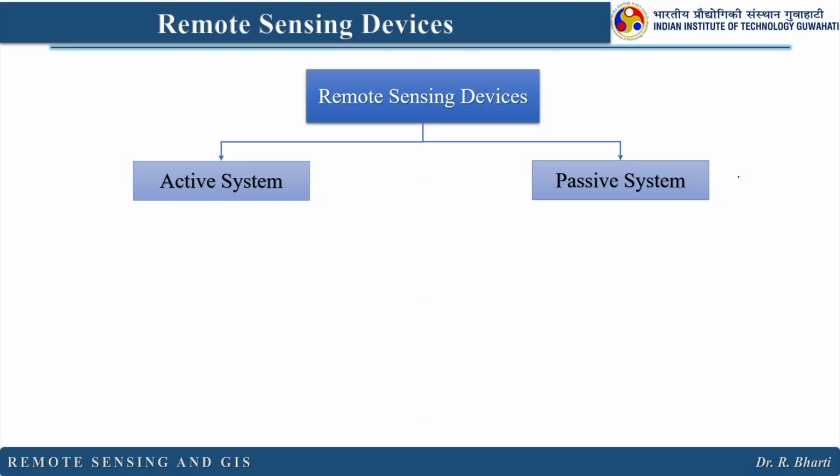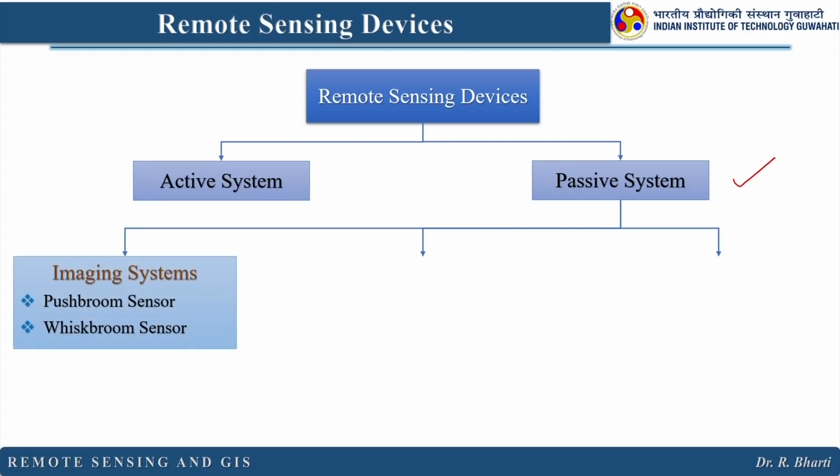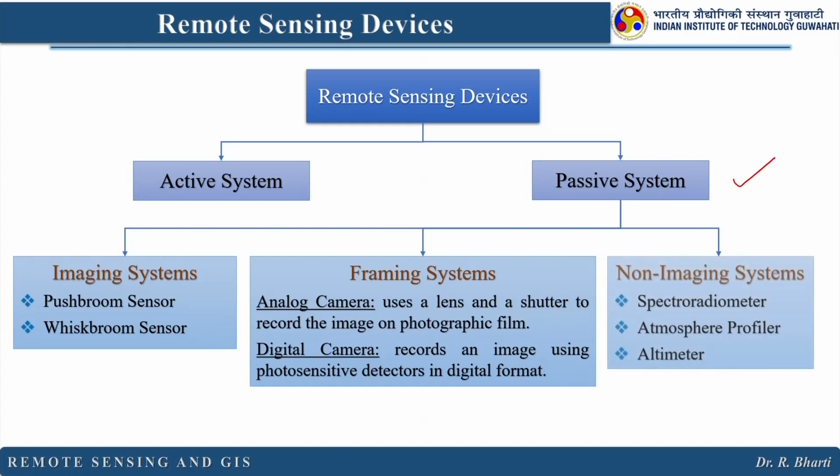In case of passive system, we are using solar energy as the source. If you subdivide the passive system, you have imaging system, framing system and non-imaging system. In the imaging system, basically we have push broom and whisk broom. This is known to you.